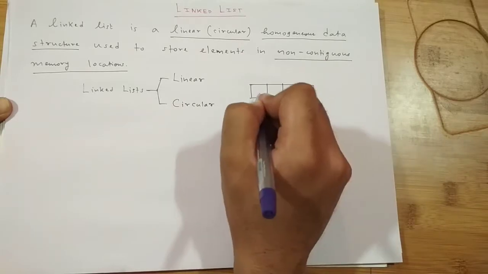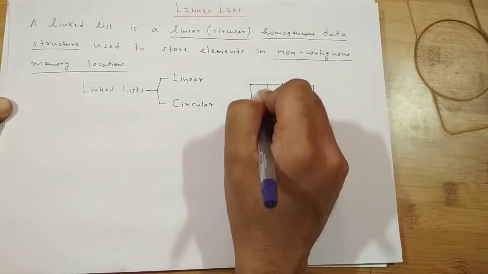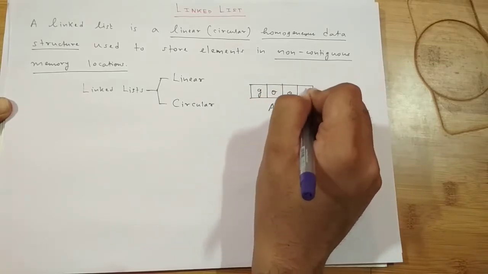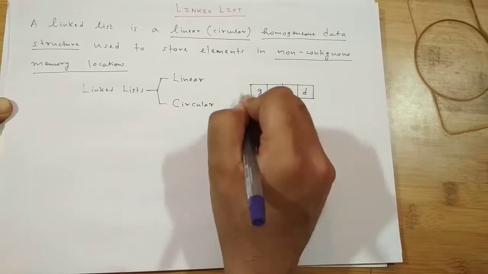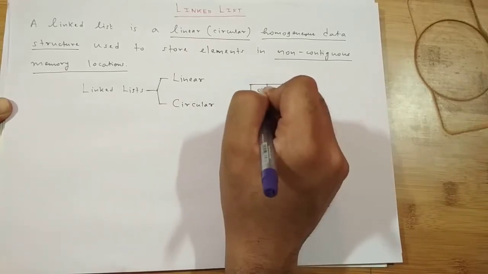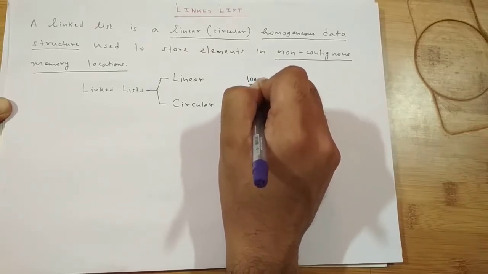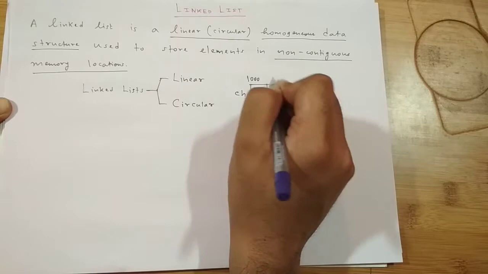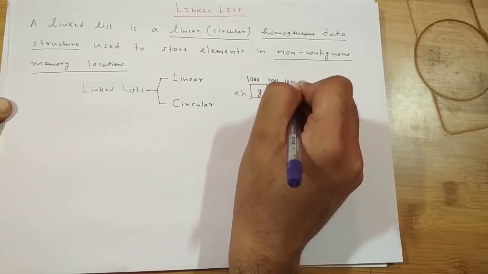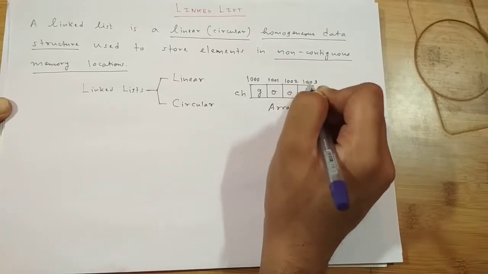That means if this array is a character array storing character constants in each cell, let's say this is my character array by the name of CH, then if the first cell in this array has an address of 1000, then the next cell will have an address of 1001, then the one next to it will have an address of 1002, and the last one will have an address of 1003.